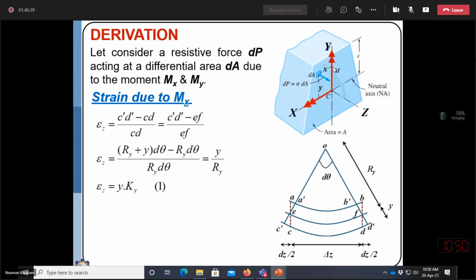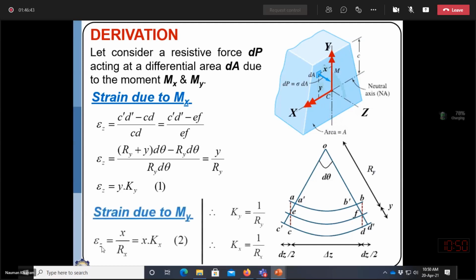Now similarly, if we consider the moment acting about the y-axis, the moment acting about the y-axis will also produce curvature or strain along the longitudinal direction. So you will come up with this expression.